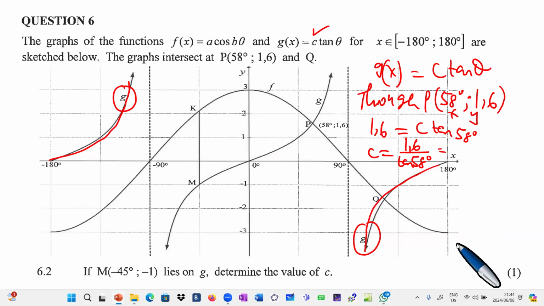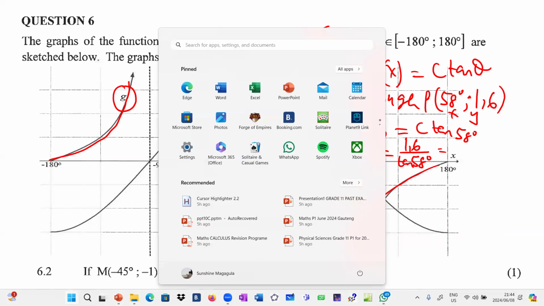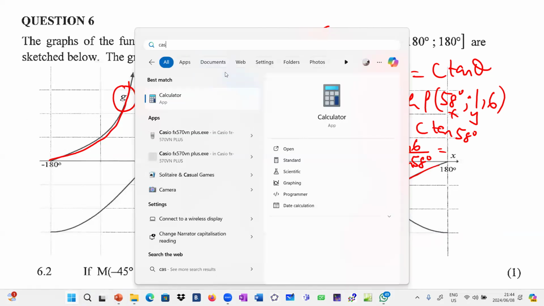To divide the two, you can use any of these things here. Let me see if we can launch here. If you say Casio, let me see what this is going to bring. For instance, I have a couple of calculators I can launch. Maybe let me look at this one.